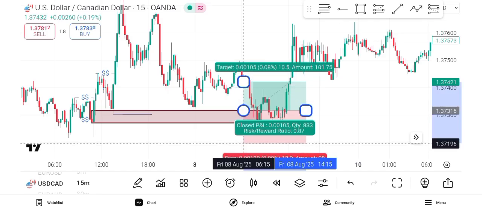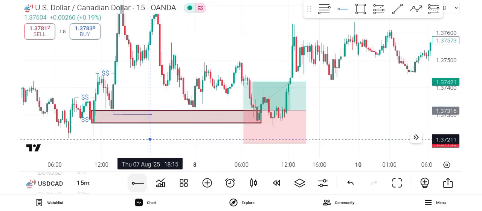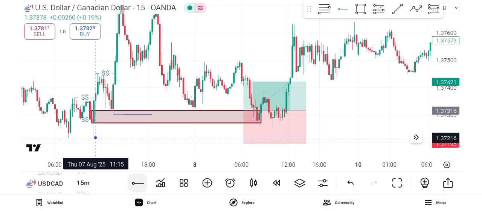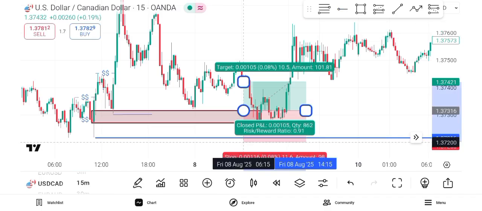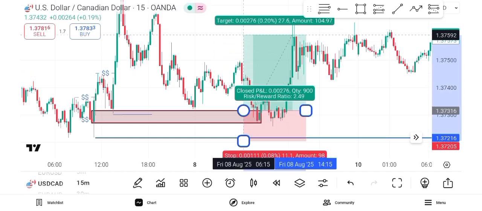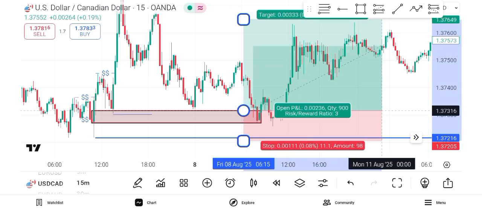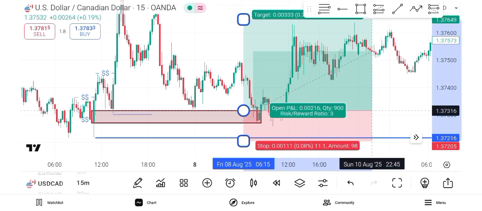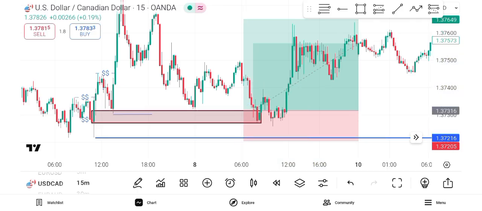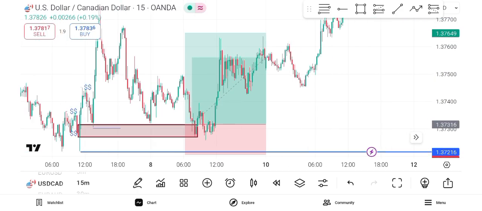Your stop loss must be below this main low of that structure, a little bit below, not that much, and you target your 1:3. You see, and boom, the market taps into there.